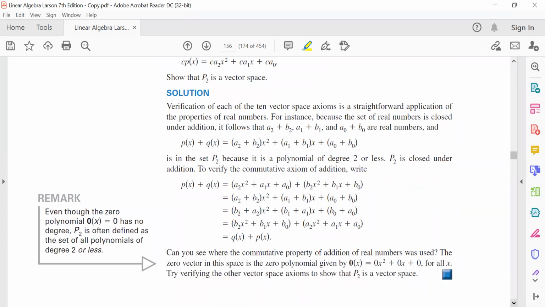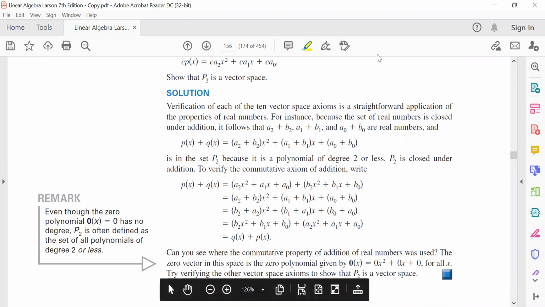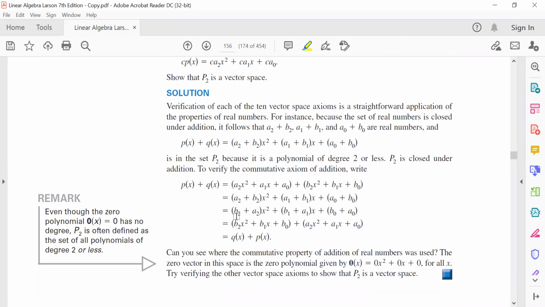Now here we're going to show the commutative property. So P of x plus Q of x is a2x squared plus a1x plus a naught plus b2x squared plus b1x plus b naught.